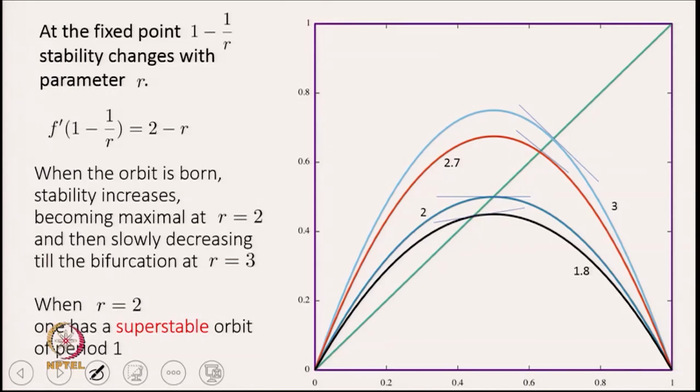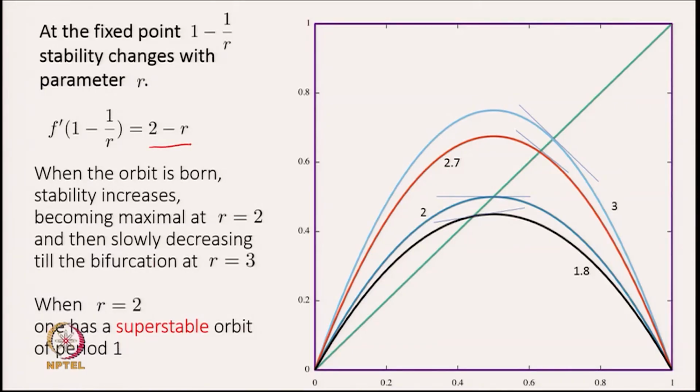Now, how does this map actually change? As you increase r from, let us say, 1.8 to 3, notice that the point at which it crosses the diagonal, namely the fixed point, keeps changing in location along the map. The local stability, which is given by the slope of the map, the derivative of the map at this fixed point, is 2 minus r.